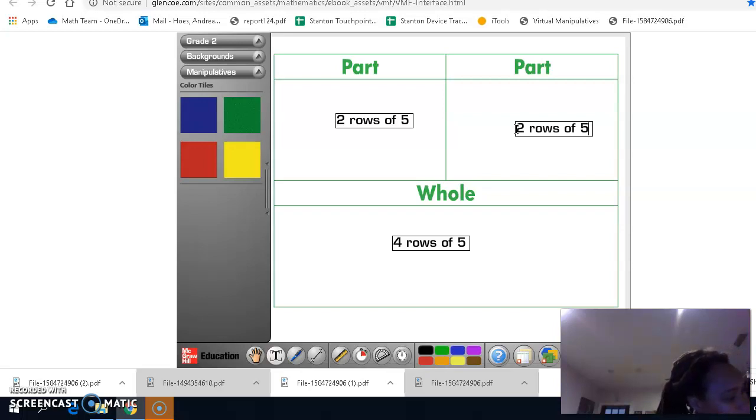So I'm going to write a repeated addition statement to show how we decomposed. Sorry, 1 second.